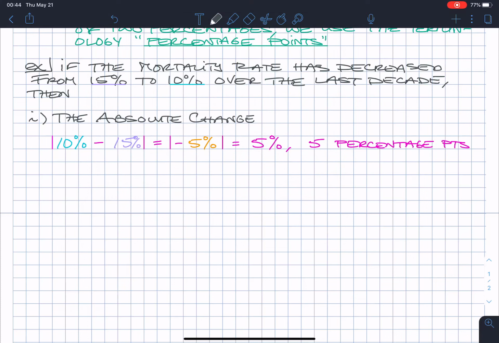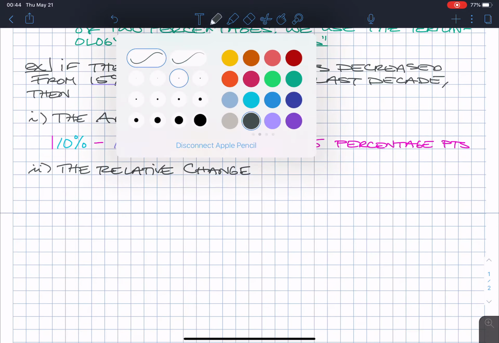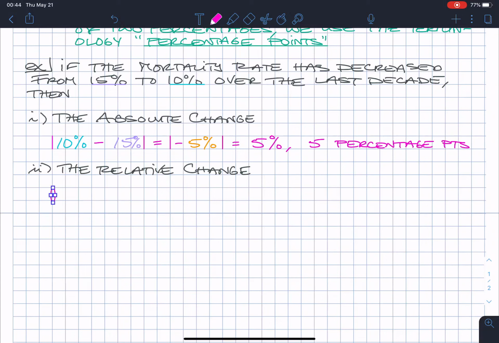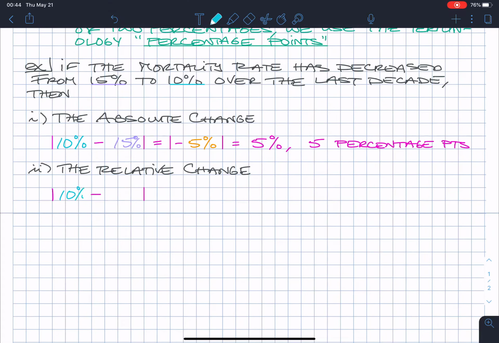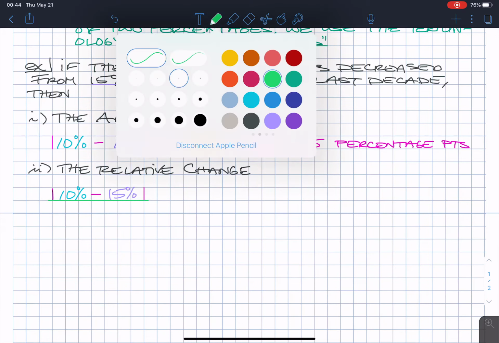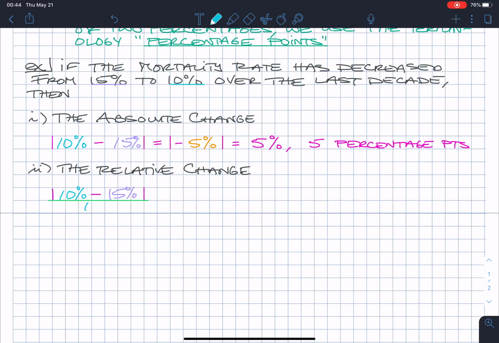Okay, so now let's look at the relative change, which just divides the absolute change by the initial value. So the absolute change, which we have here, is 10% minus 15% in absolute values, and we're going to divide that by the starting value, 15%.